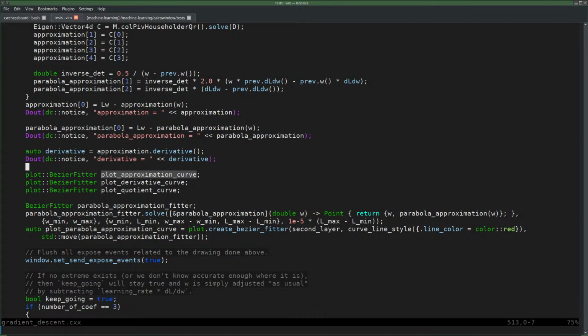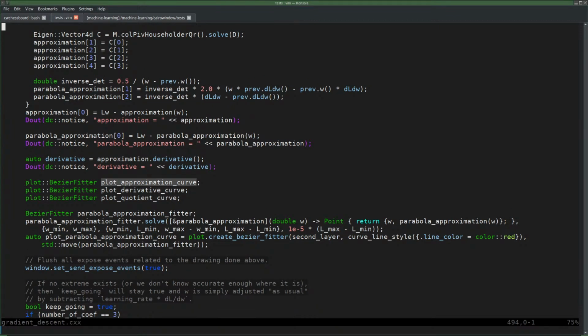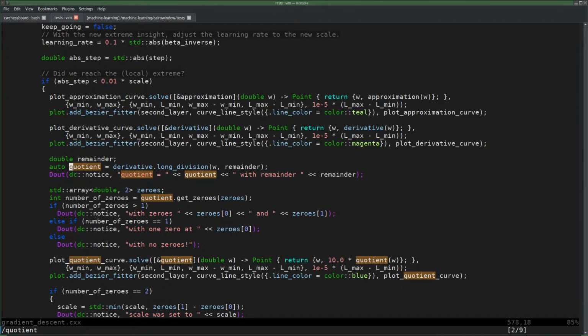But they are assigned down in the code, and I'm going to move the calculation of these things there as well. Starting with maybe the quotient itself. I think I moved the quotient already down. My quotient is calculated here.